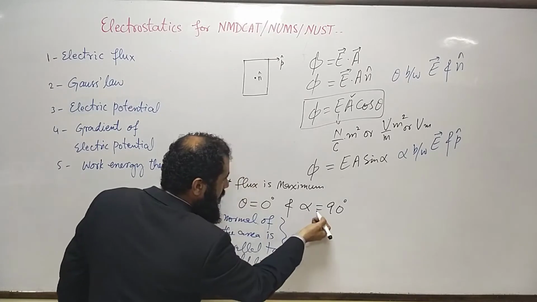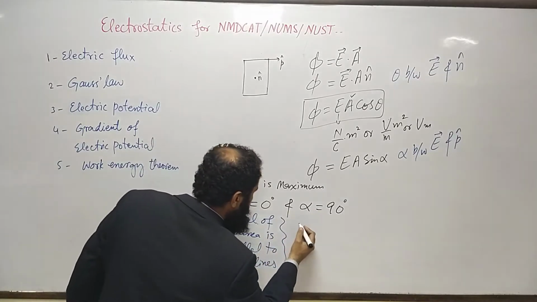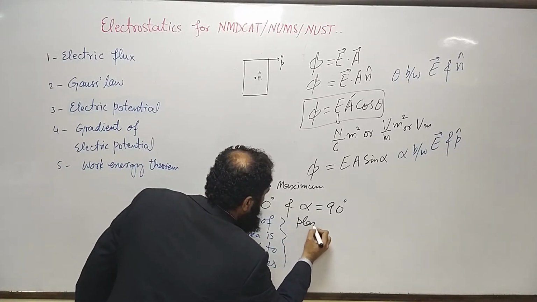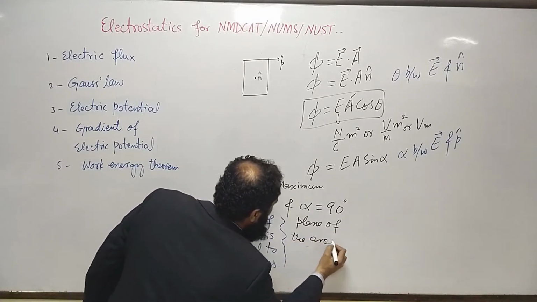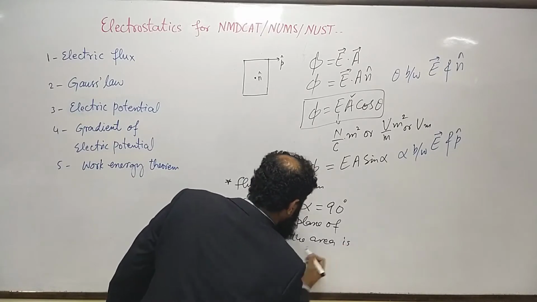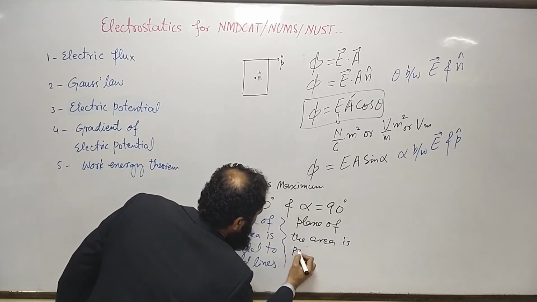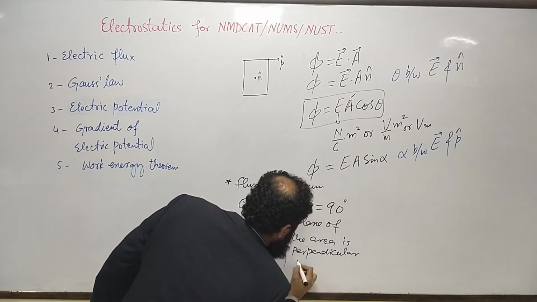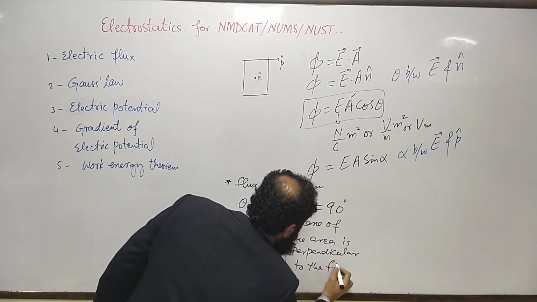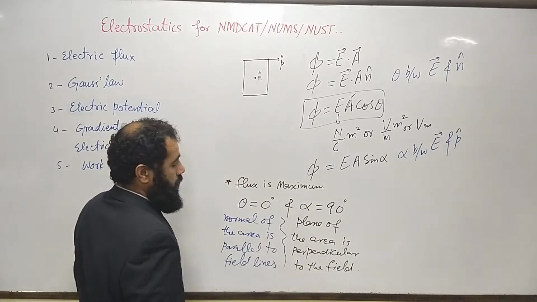And alpha equal to 90 means the plane of the area is perpendicular to the field lines.